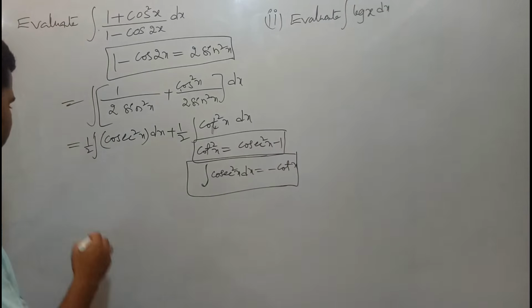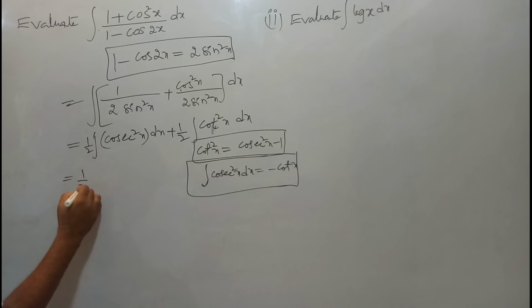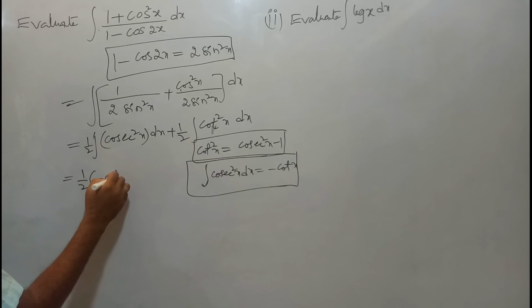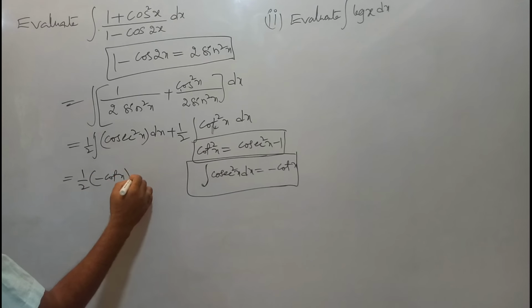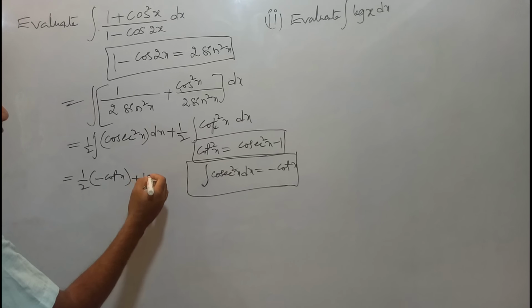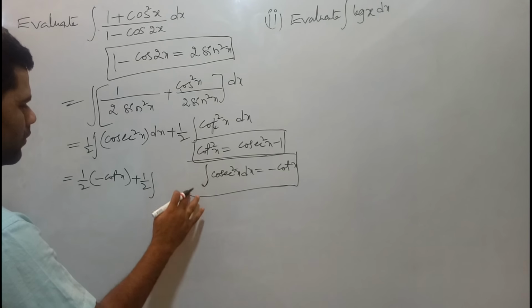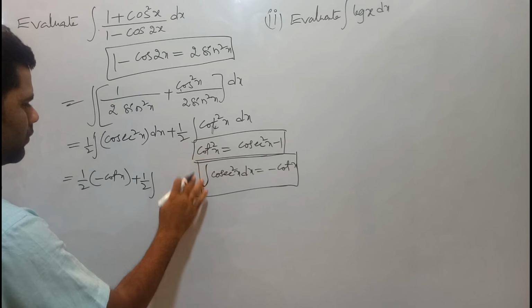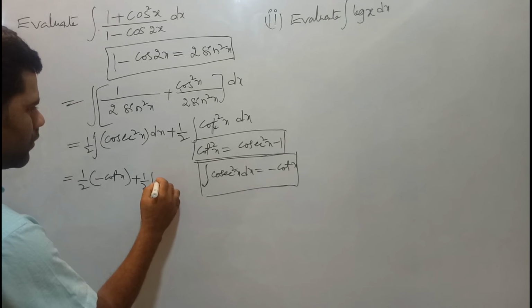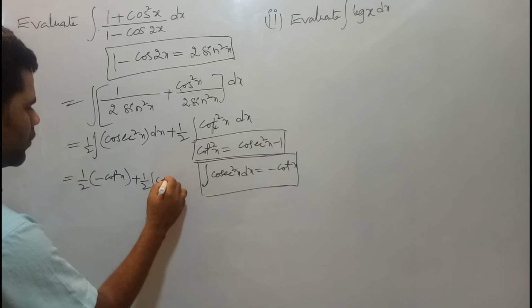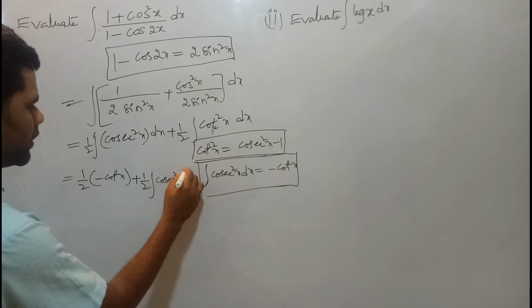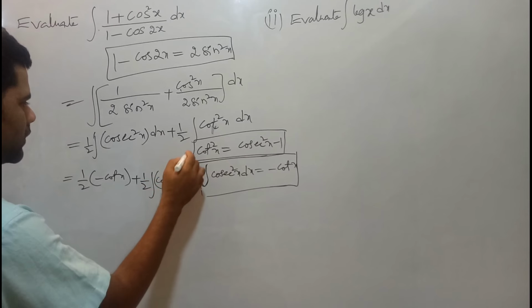So just substitute now, half into minus cot x, plus half integral of (cosecant square x minus 1) into dx.